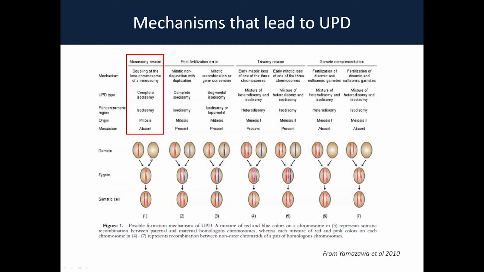So because we thought it was due to monosomy rescue, having 2 extremely rare things happen, we could say to the family that there's a very low risk of recurrence of this condition.